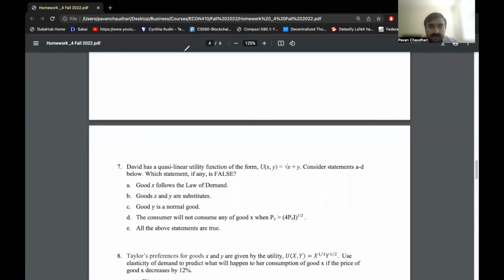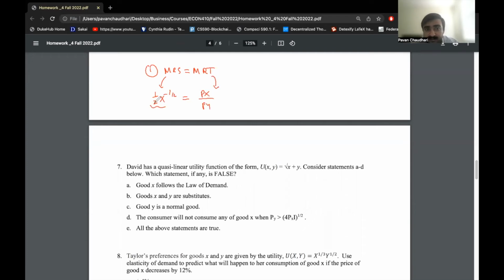All right, for number 7 here, what we're going to do is similar to number 5 and number 6. We could find the demand functions or use the properties we know. In this case, we'll just find the demand functions, right? So it's convex utility. So we'll do MRS equals MRT, right? And so the MRS here is 1/2 x to the -1/2. And the MRT is px over py.